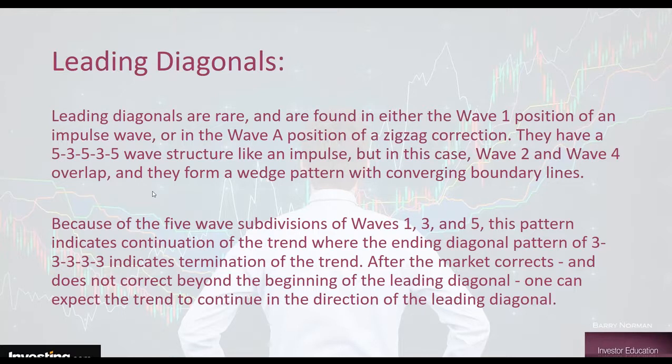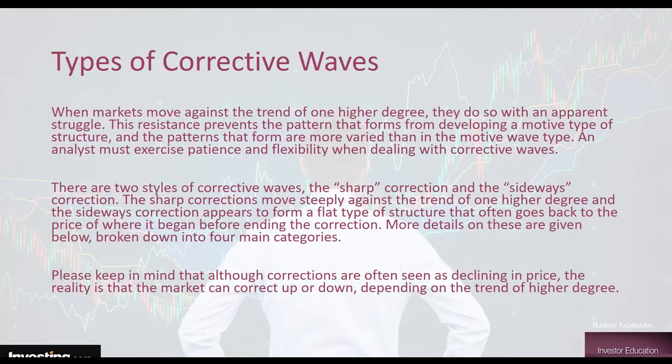Because of the 5 wave subdivisions, this pattern indicates a continuation of trend, whereas the ending diagonal pattern of 3, 3, 3, 3, 3 indicates the termination of a trend. After the market corrects and does not correct beyond the beginning of the leading diagonal, one can expect the trend to continue in the direction of the leading diagonal. I know, it's a lot to take in.